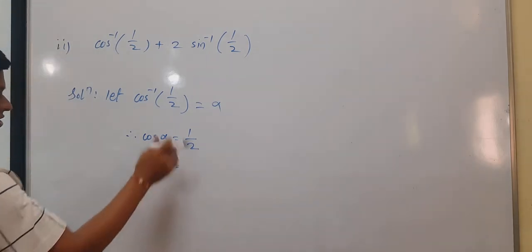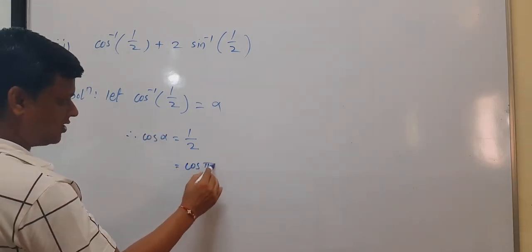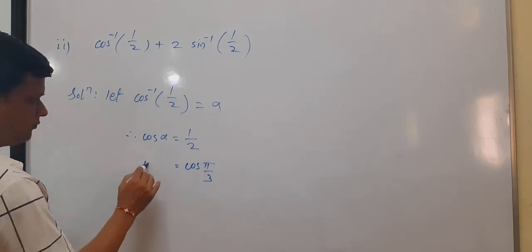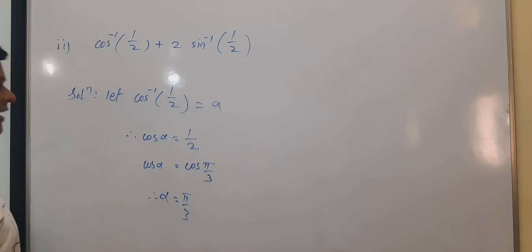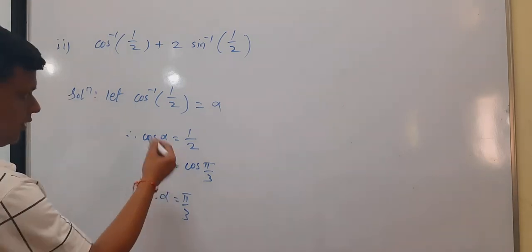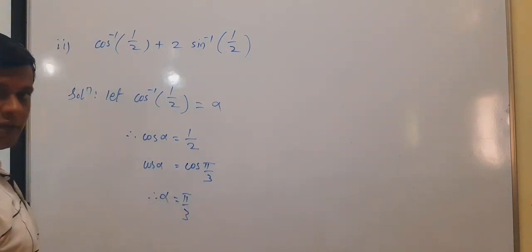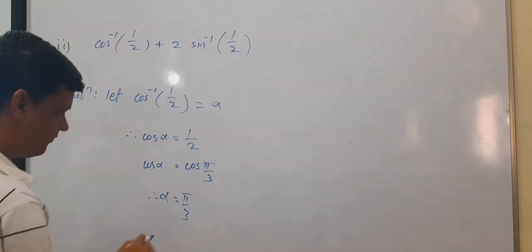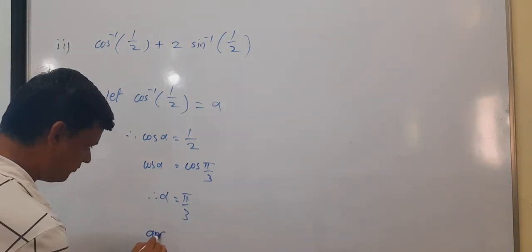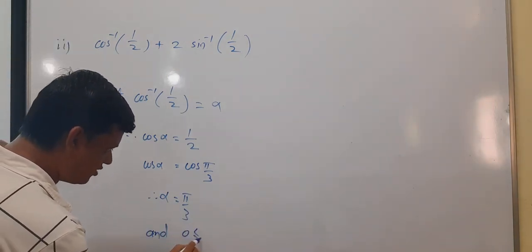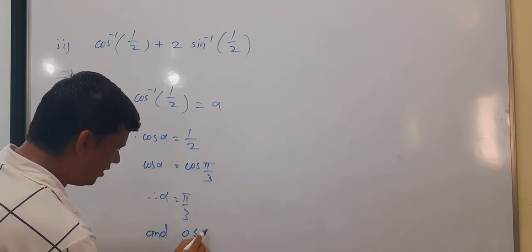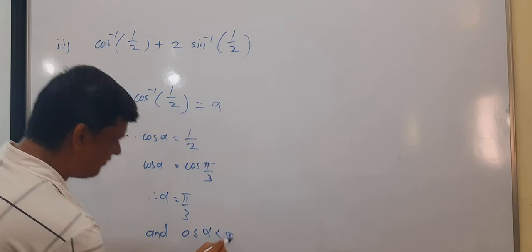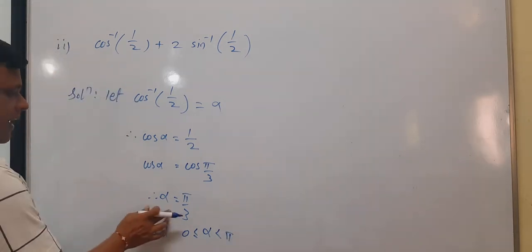So cos 60 is 1 by 2, so we write cos pi by 3. Therefore, alpha is equal to pi by 3. And for cos, we know the principal value branch is 0 to pi, so alpha is less than pi. So the first value is pi by 3.